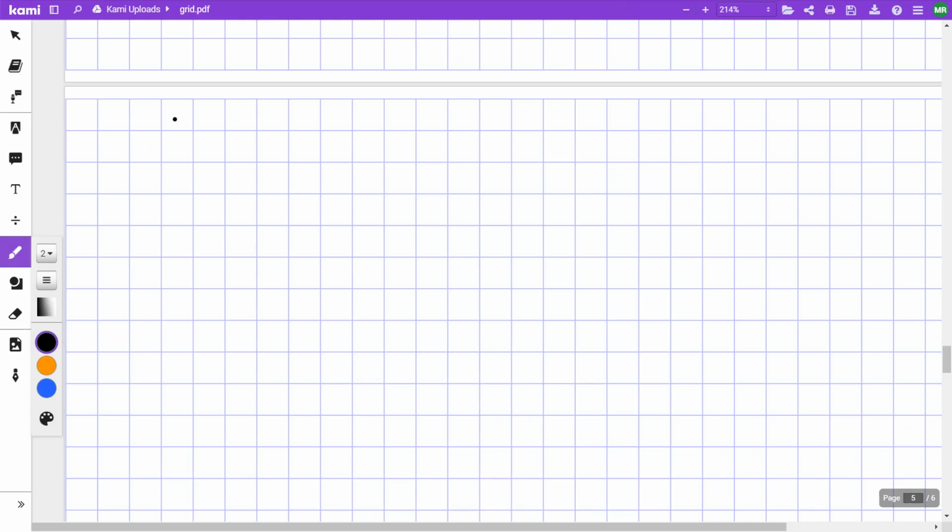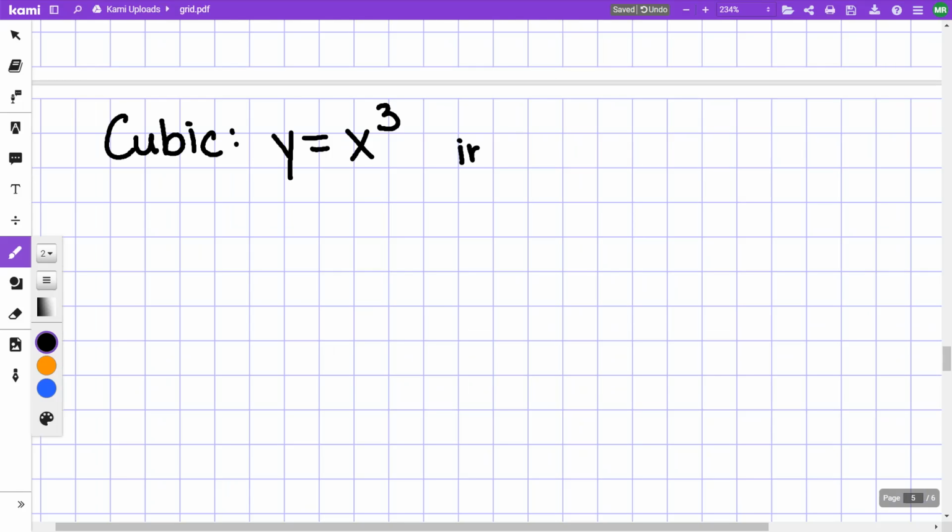So cubic. A cubic graph is y equals x cubed. And this has what we call an inflection point at 0, 0.